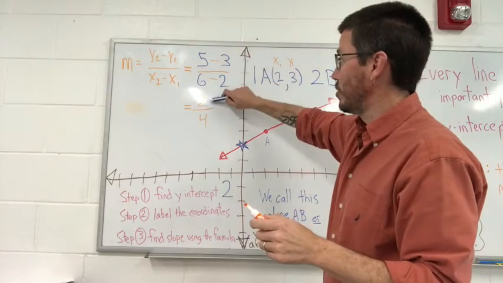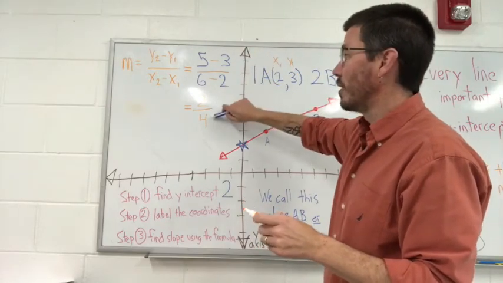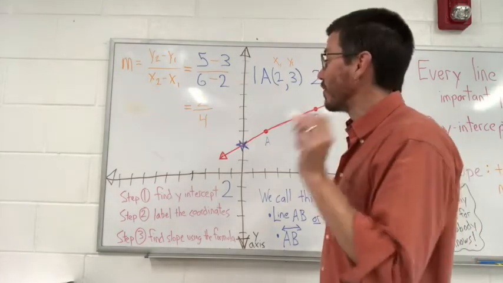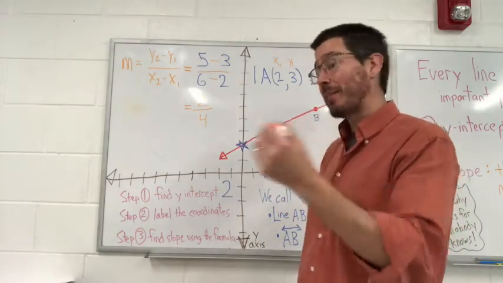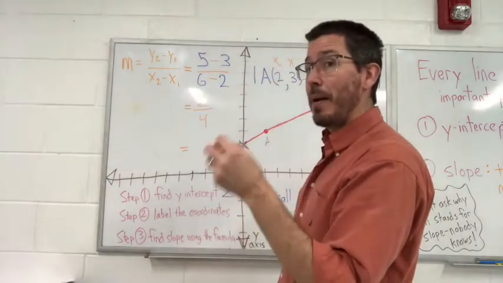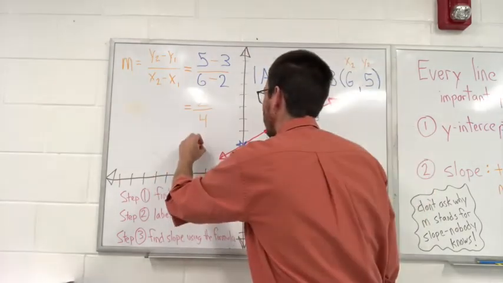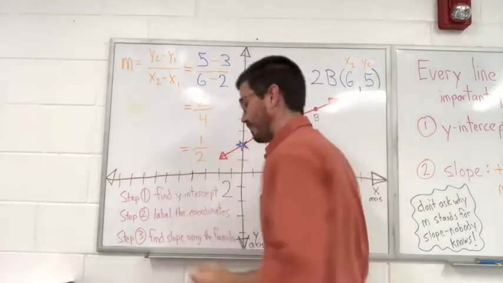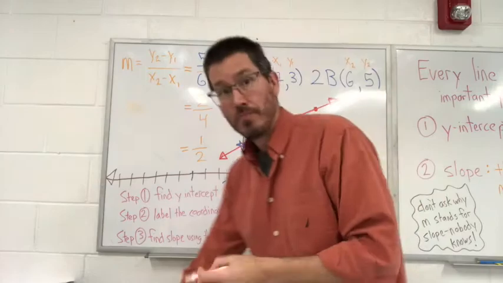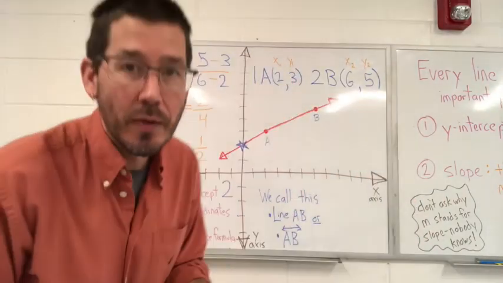And now I will reduce if possible. Remember, reducing is dividing the top and the bottom by the same number. In this case, I can divide the top and the bottom by 2, and I end up with a slope of 1/2. M is 1/2. That's not that bad, all right?